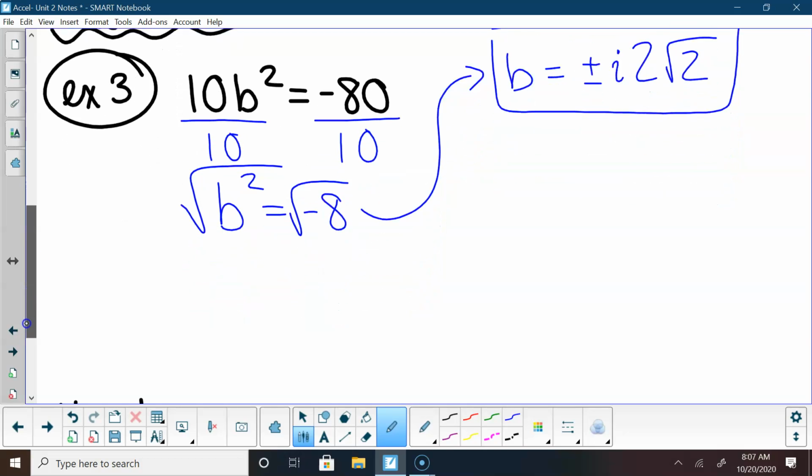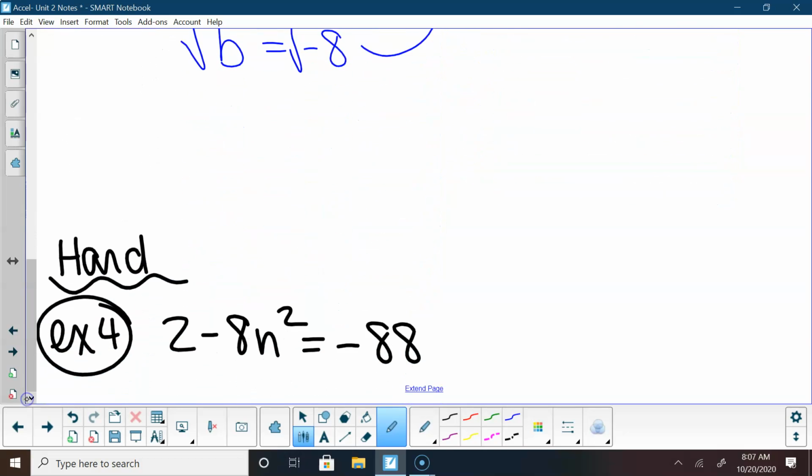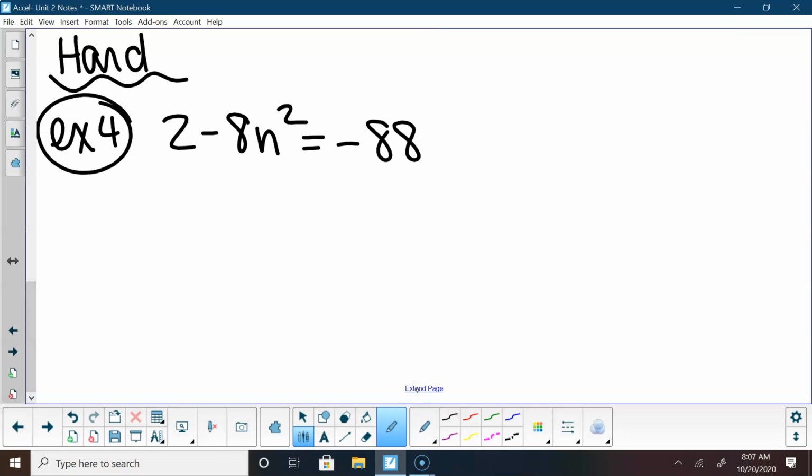All right. Now the hard ones when it comes to solving with square roots. Does that even seem that bad? Eh, it's just a little bit more setup at the beginning.